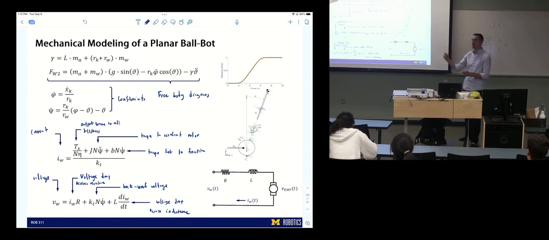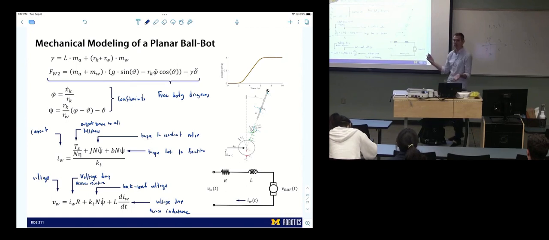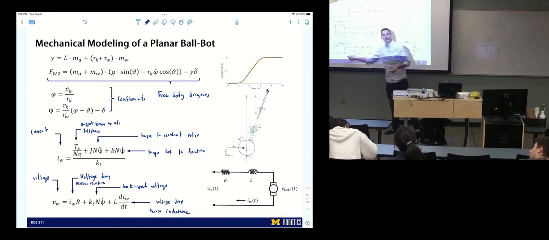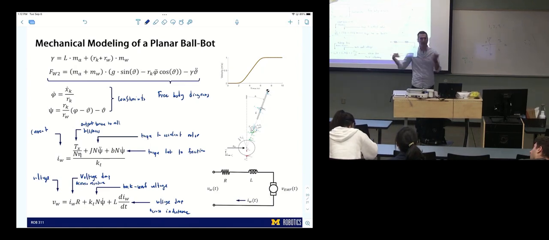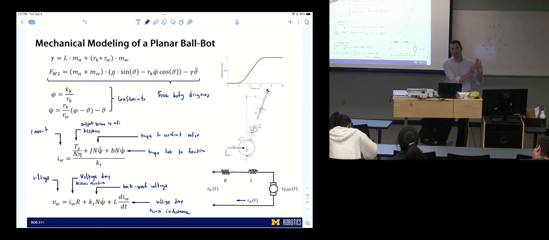So when I was doing that original analysis, I was acting like psi was the velocity or position, but that's actually the position on the other side of the transmission. We don't have a variable for that, so now every time you see it, it's got n attached to it, because now we're on the motor side of it. You'll see this in the MATLAB code too. We've described everything at the motor without actually calling it a variable. It's always n times psi of something, psi dot, something like that. Does that make sense? Let me know if that's confusing.